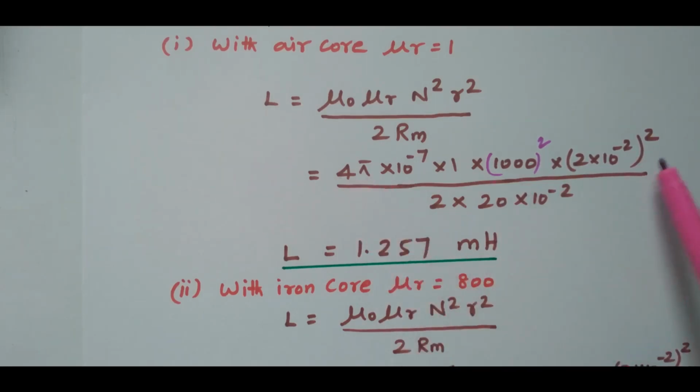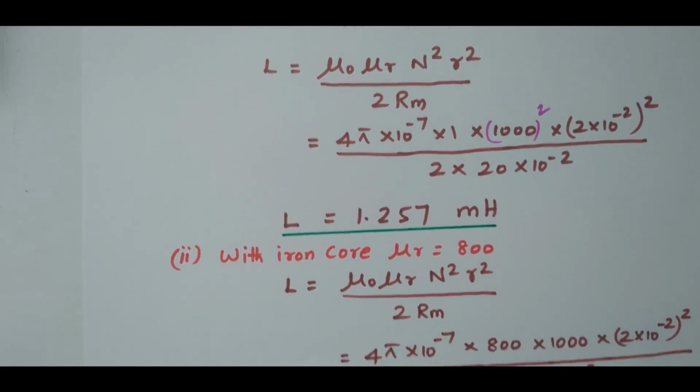Now we substituted all the values. After simplifying, what we got? 1.257 millihenry. Milli means 10 to the power minus 3.